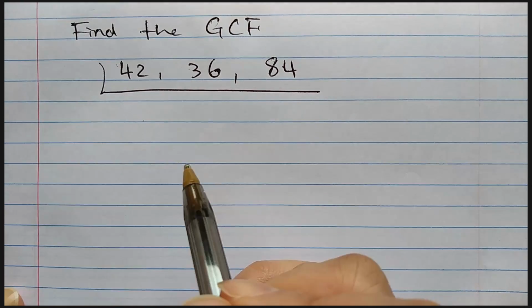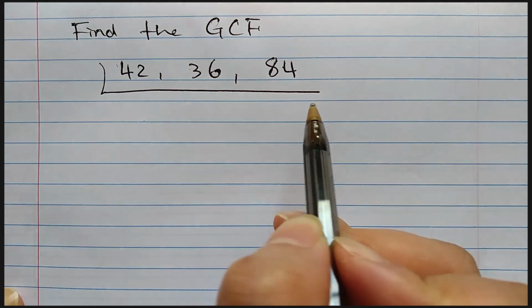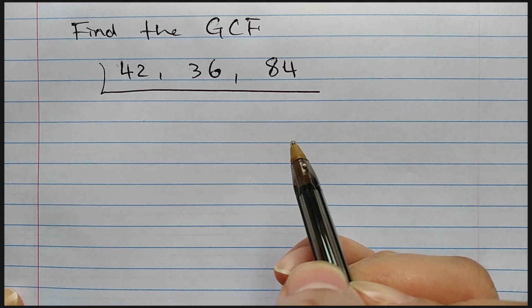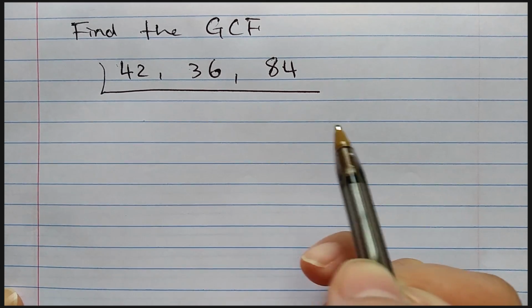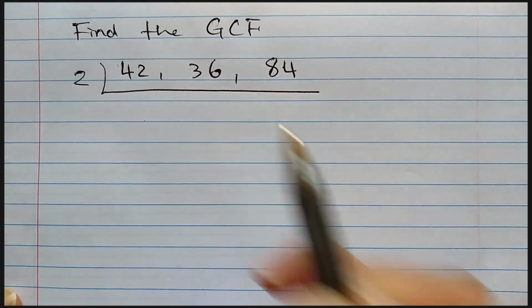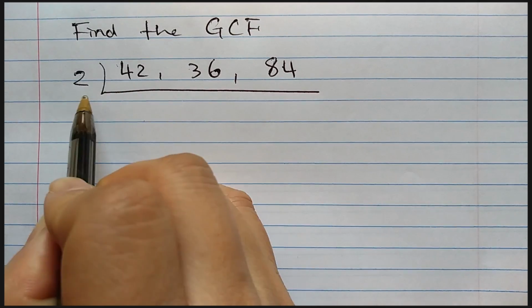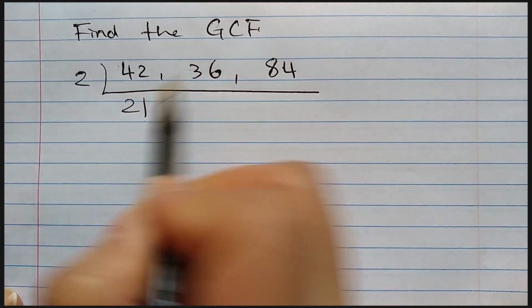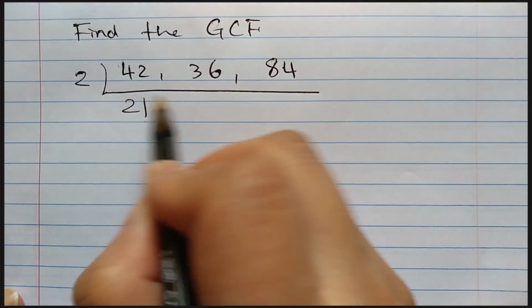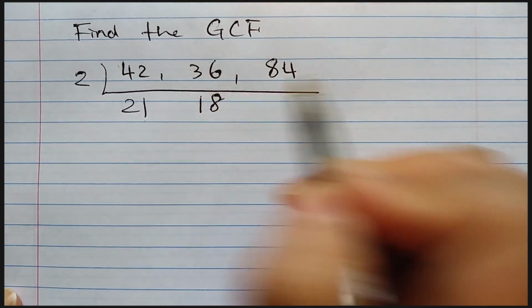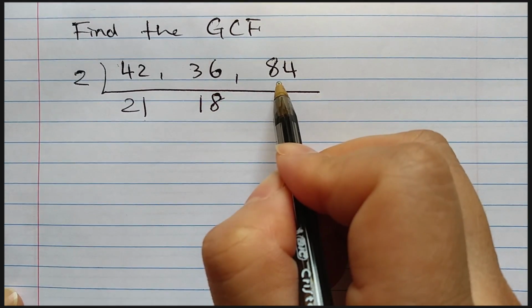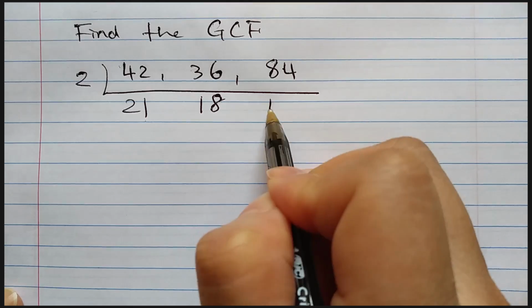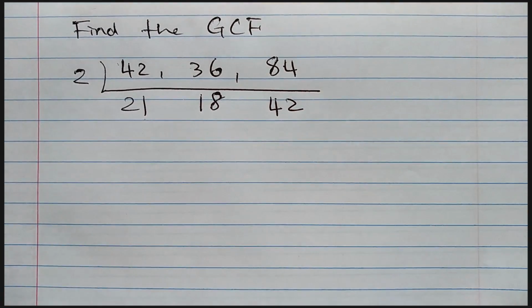It can be 2. If they're all even numbers and you can't think of any bigger number than 2, just start with 2. So 42 divided by 2 is 21, 36 divided by 2 is 18, and 84 divided by 2 is 42.